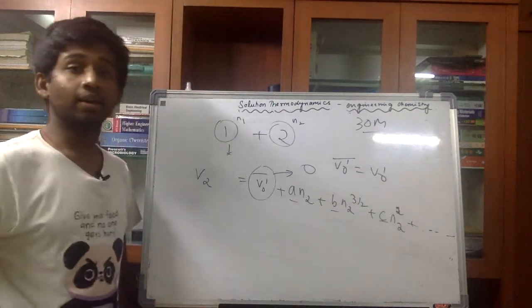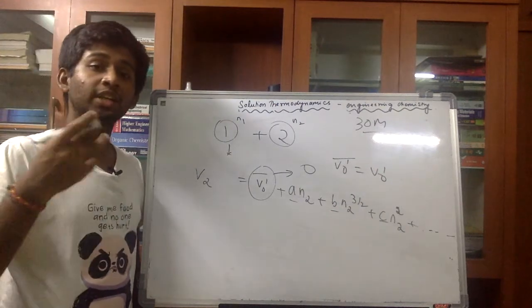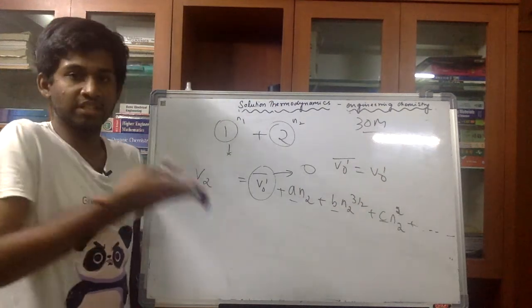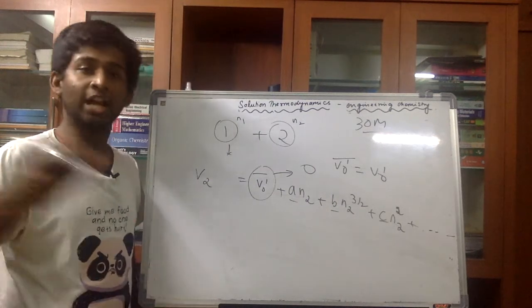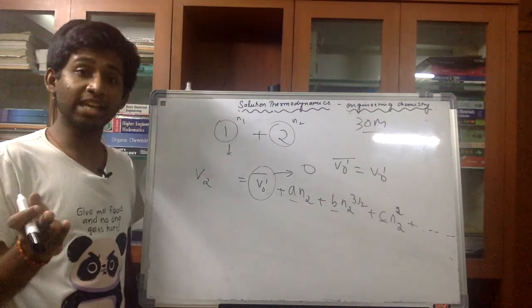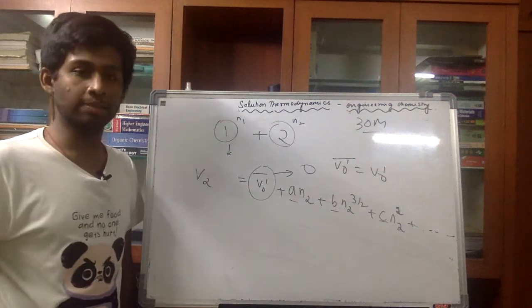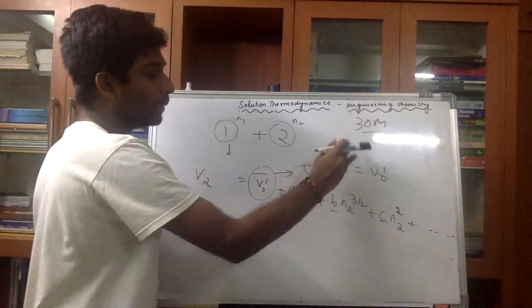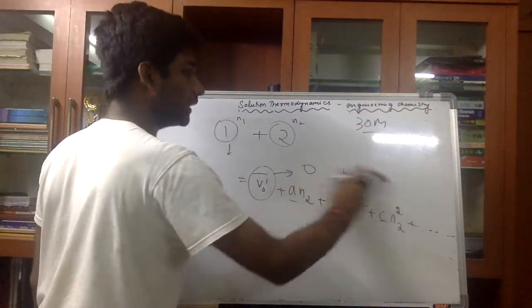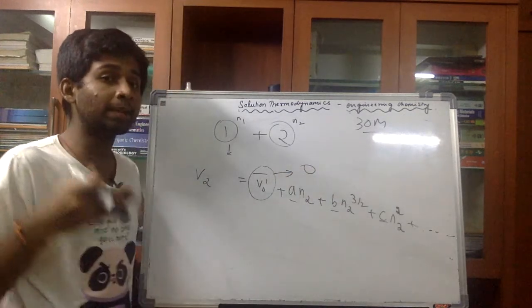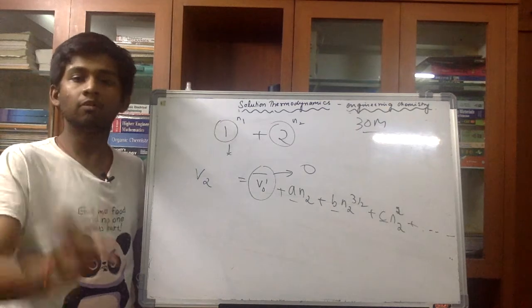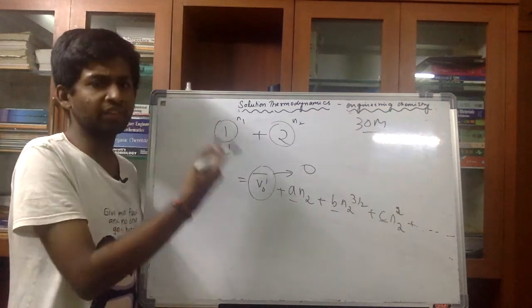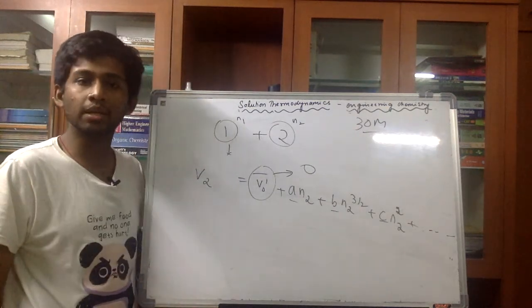Why? As I said, in pure condition V01 bar is equal to V01, because in the previous video we derived that the partial molar and actual molar condition will be the same if you consider a pure substance. And next, it does not play an important role in influencing the partial molar volume of the first component. Because of that, when you differentiate, this whole factor becomes 0.